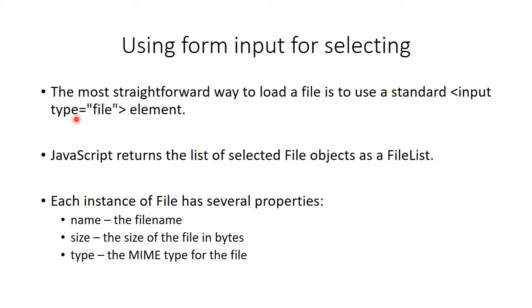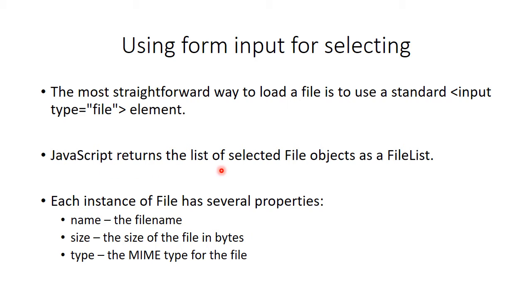In this case, if you're trying to input a file, then we have to mention the type attribute as file. Here we are loading only a single file. If we mention the attribute multiple, which we will see in the upcoming sessions, we will be able to load multiple files at the same time.